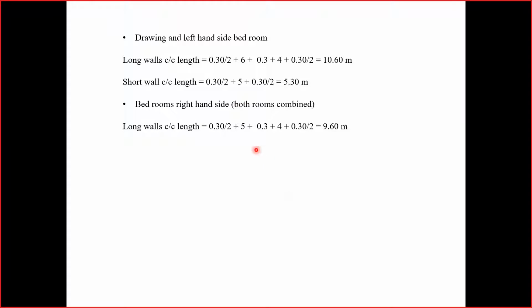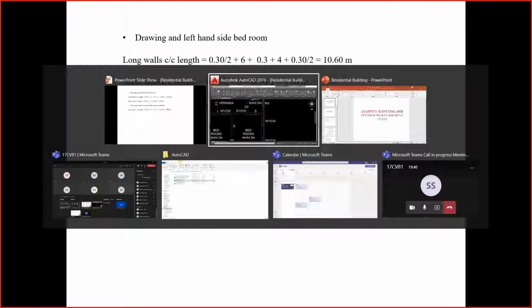That is what is mentioned here: 0.3 by 2 plus 5 meter, plus partition wall thickness 0.3, plus 4 meter, the width of bedroom number 2, and finally 0.3 by 2, the periphery wall thickness divided by 2. So the total center to center distance is 9.6 meter.